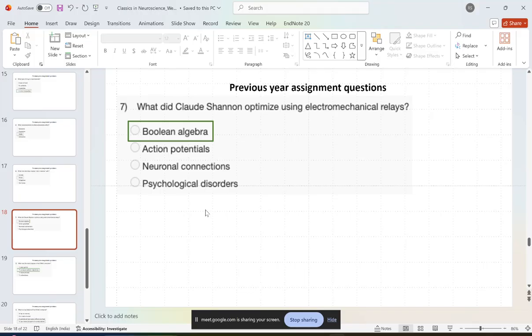He developed this maze in which a mechanical mouse would be allowed to move using electromechanical relays, and he built that along with his wife Betty. Do read about it. Therefore, Claude Shannon is also regarded to have worked on artificial intelligence. He was the one who optimized Boolean algebra. He also made several other contributions.